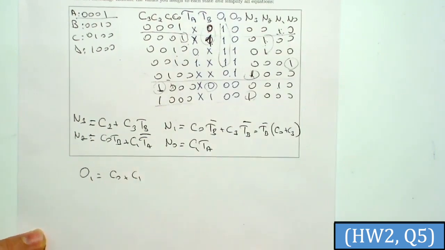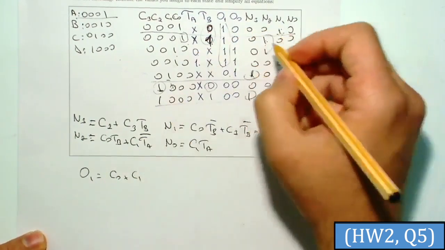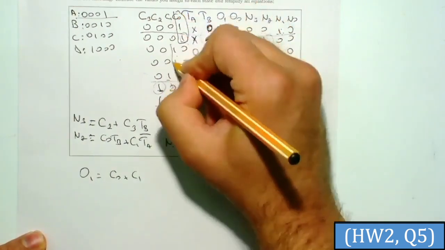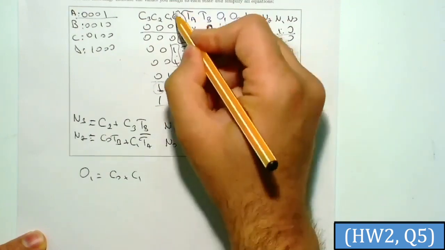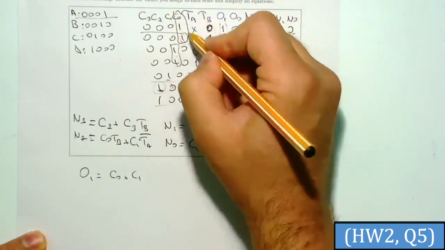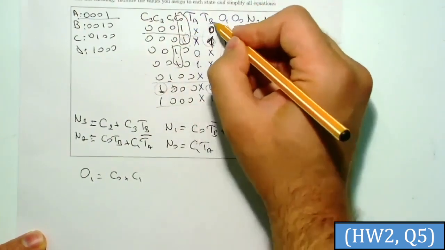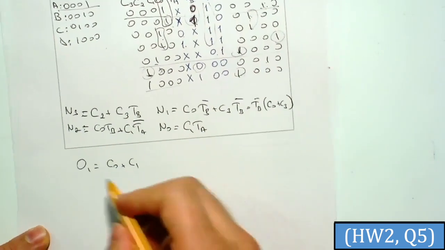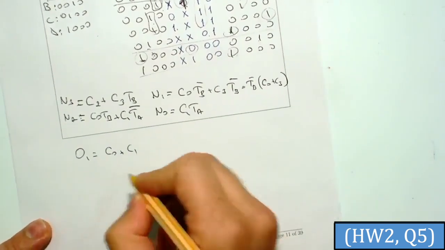Can you see that? So O1 is 1 when either C0 is 1 or C1 is 1. For the C0 rows, TA is a don't care, and TB also doesn't change the result. It's the same for TA. So I only have C0 and C1.